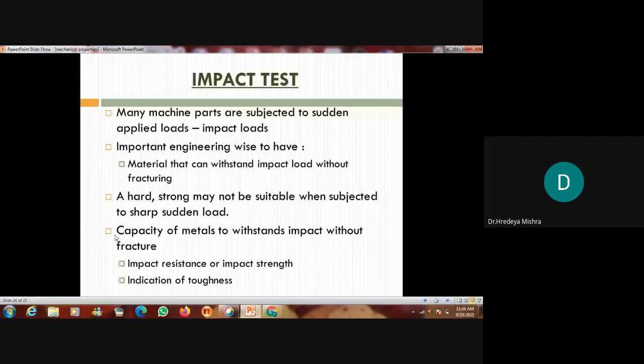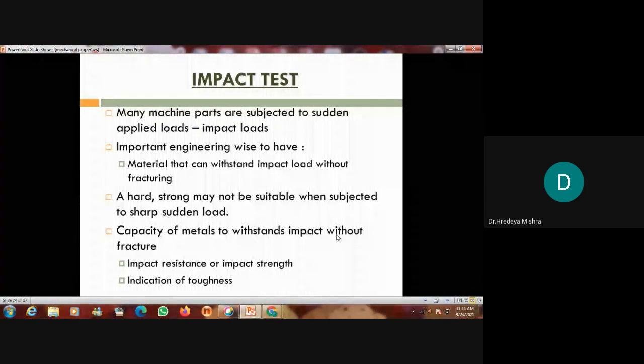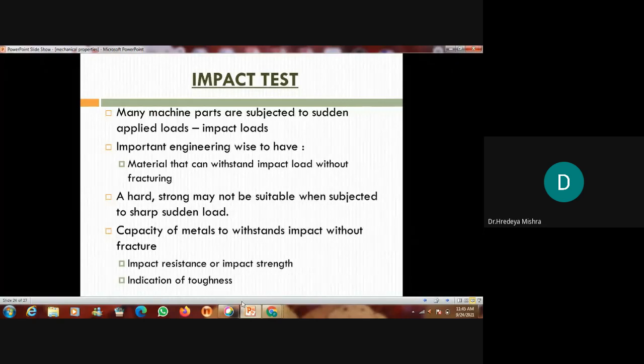So a hard, strong material may not be suitable when subjected to sudden load. The capacity of a metal to withstand impact without fracture is called impact resistance or impact strength.